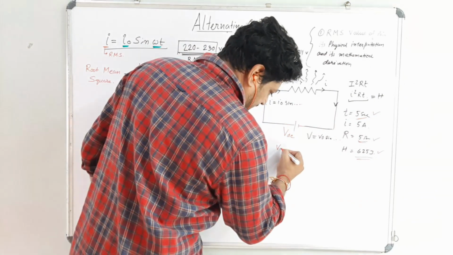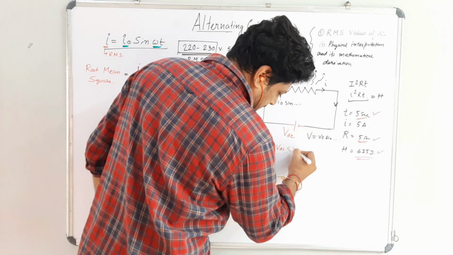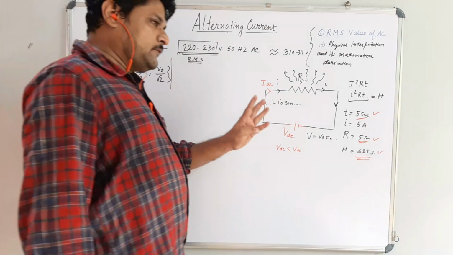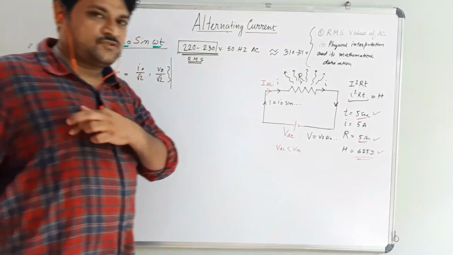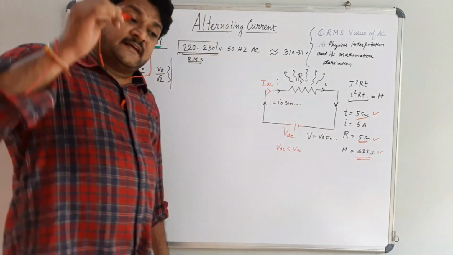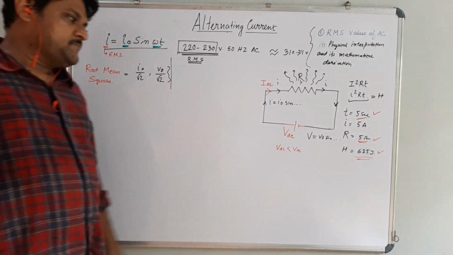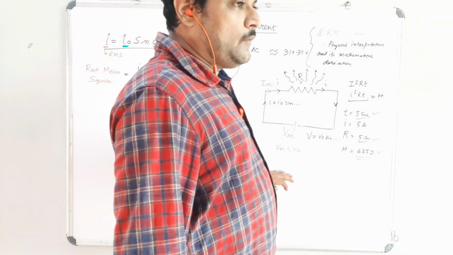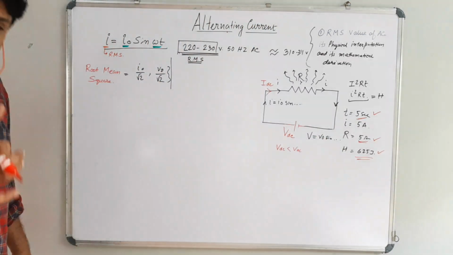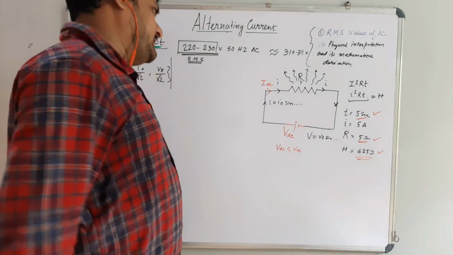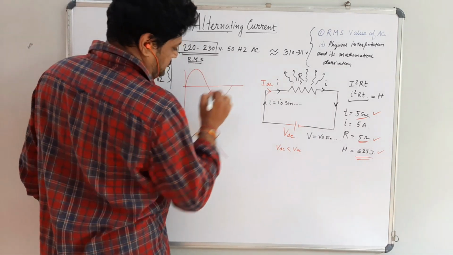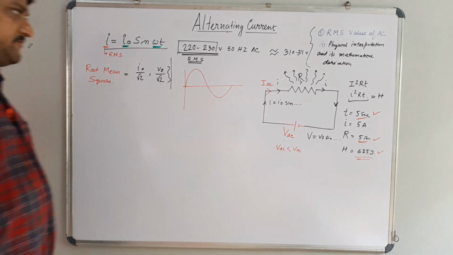The magnitude of V DC is less than the magnitude of V AC. Whatever work is done by an AC source in some time, the DC will do in that same time, but the amount of DC needed is less than the AC. It means that if this is an AC source which we applied previously, that is the V AC.